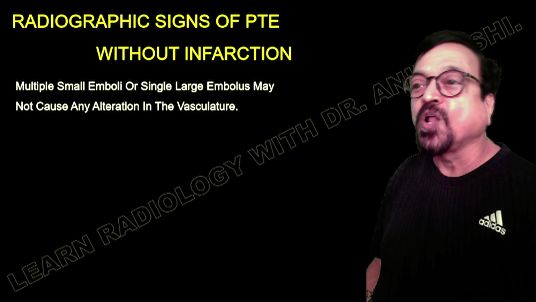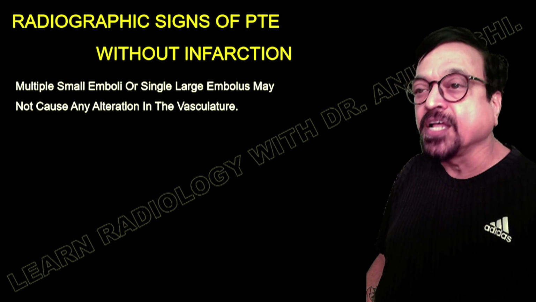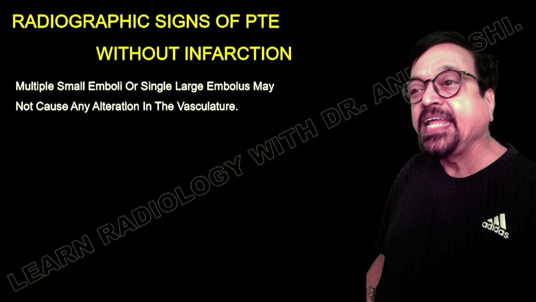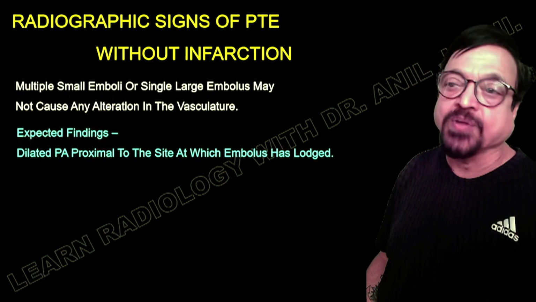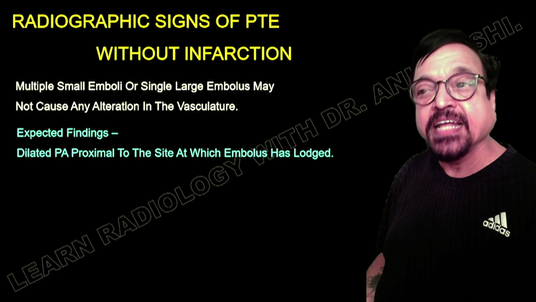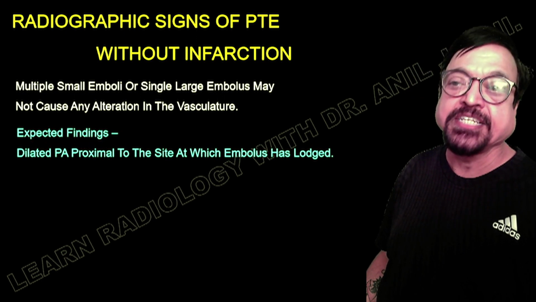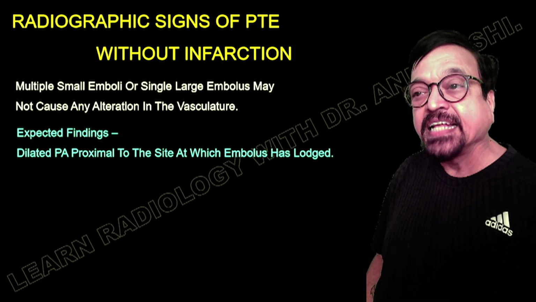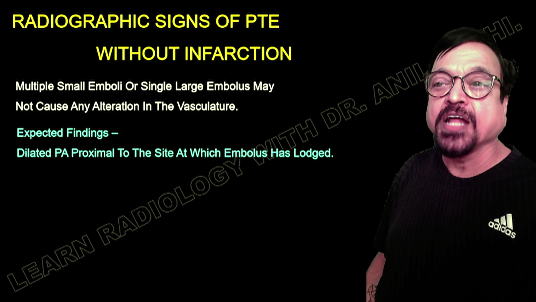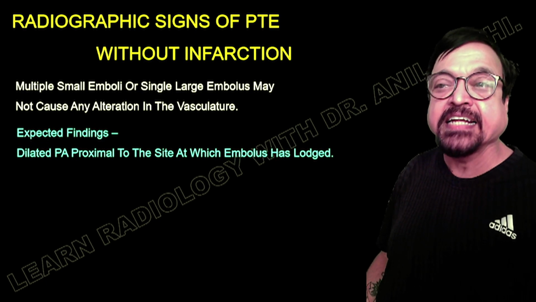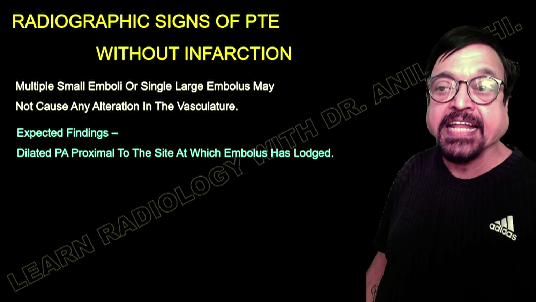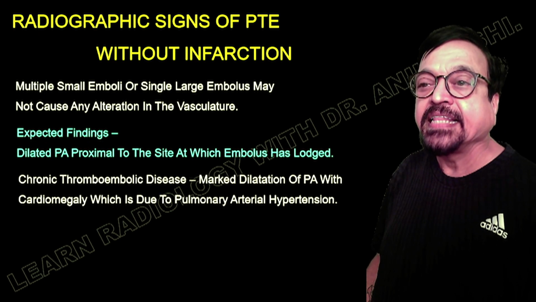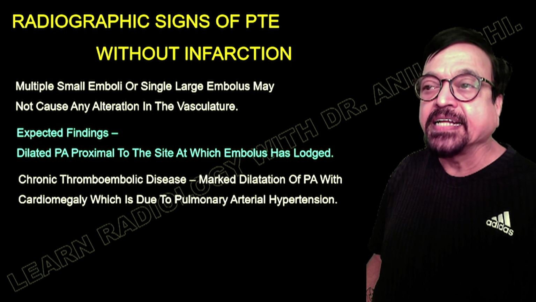Multiple small emboli or a single large embolus may not cause any alteration in vasculature. If that is the case, then it is difficult to pick up on imaging. The expected finding, if it occurs, is a dilated pulmonary artery, as more than 50% of that area has to be affected. Then there are chronic thromboembolic diseases.